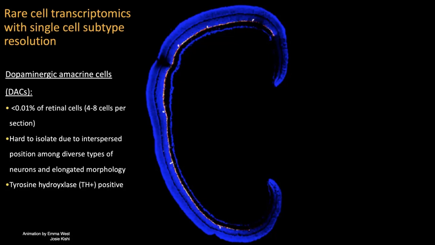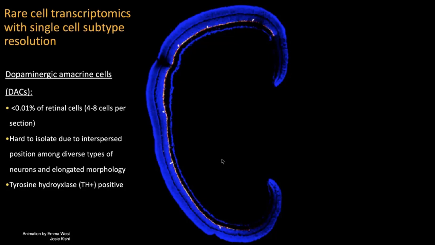These are probably some of the rarest cells in the mouse retina and possibly the human retina as well. In this particular tissue section, we have about 6 of these cells, and any single section might only have about 5 or 10, with a single retina having only about 100 of these cells. So that gives you a sense of how rare these cells are.